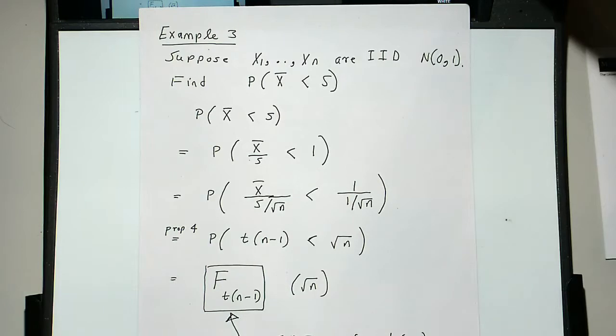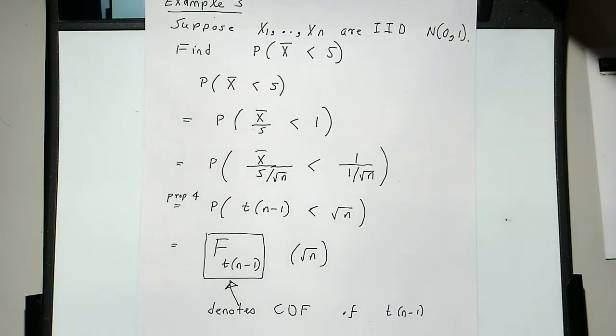It's just a notation, it denotes the CDF of a t variable with n minus 1 degrees of freedom. So this is an easy example. Are you okay with this, guys? Yeah.